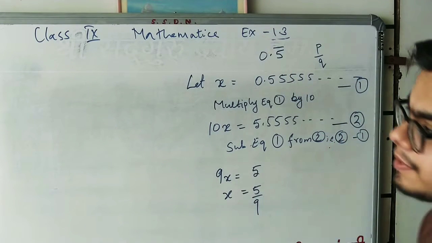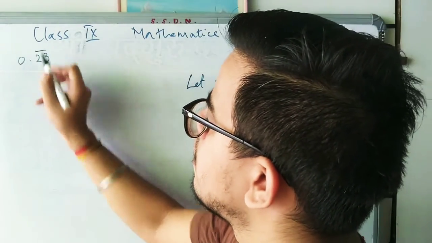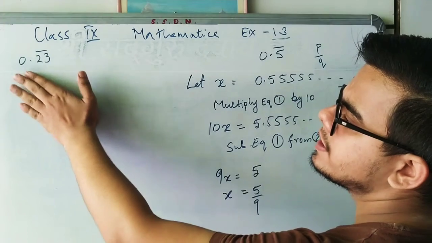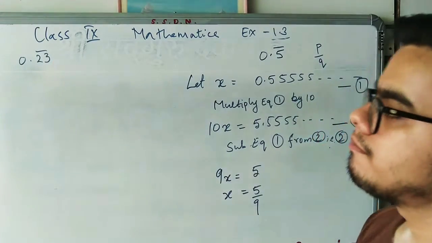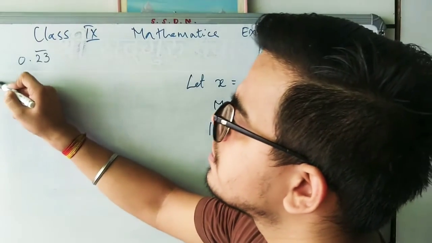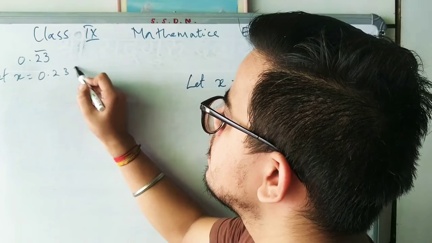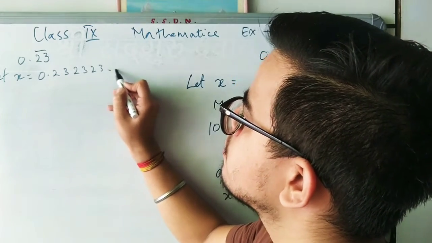Similarly, if we have a 2-digit repetition, if the question is 0.23 bar, the bar is on both the digits. Now we suppose that x equals 0.232323 and so on.